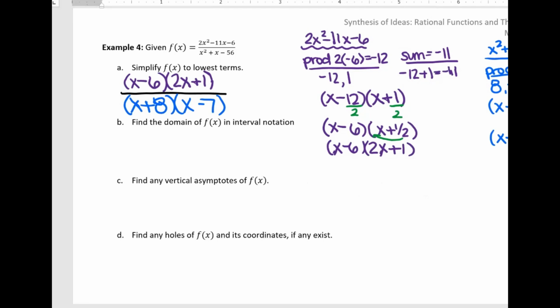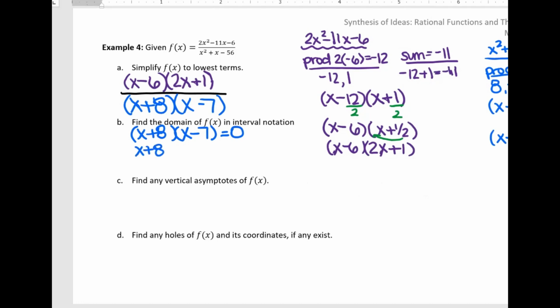Okay, since nothing's simplified, we don't have to worry about missing any pieces of our domain. We're going to take the entire denominator, set it equal to 0, and you should be finding the domain before you simplify anyway, because if something cancels out, it still can't be included in the domain.